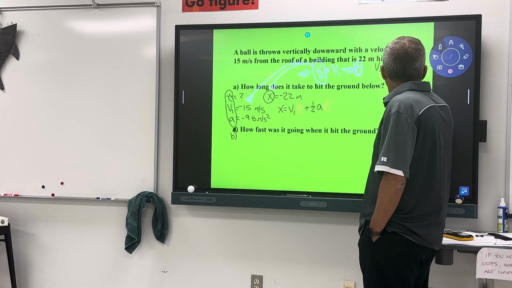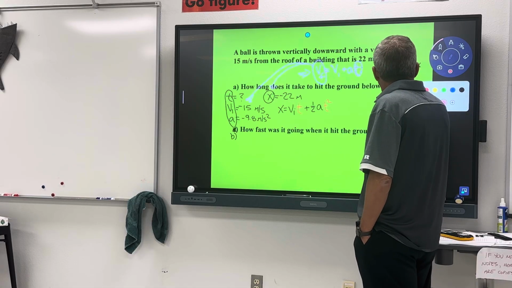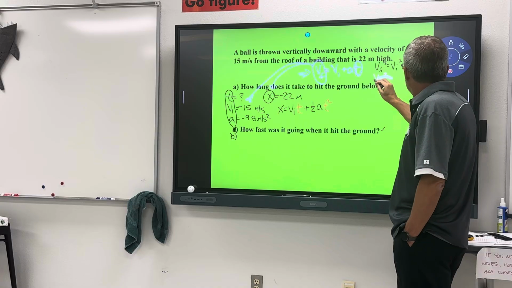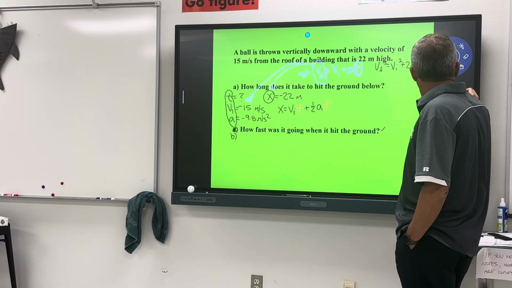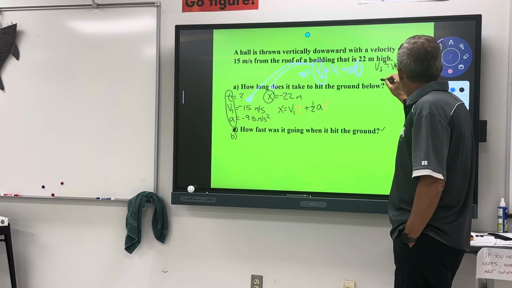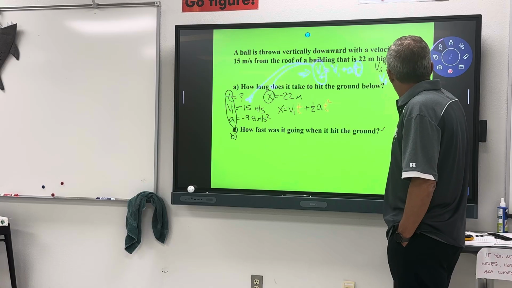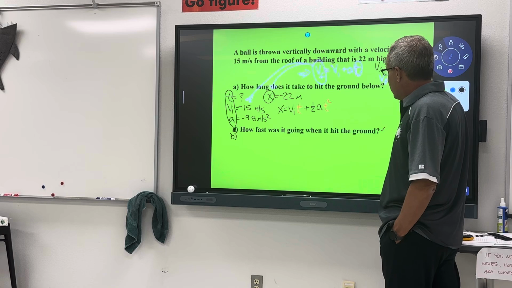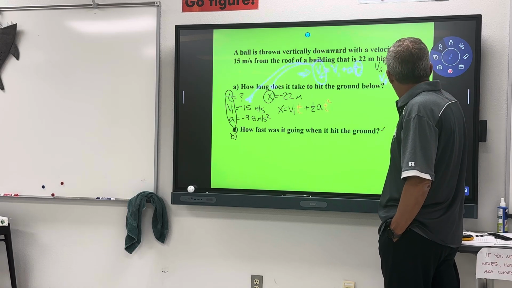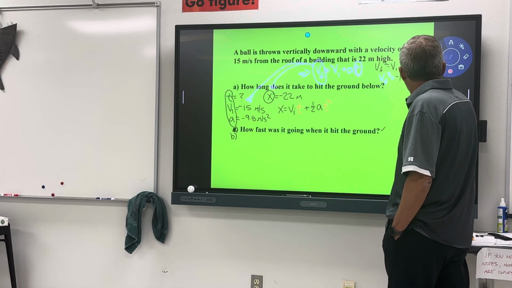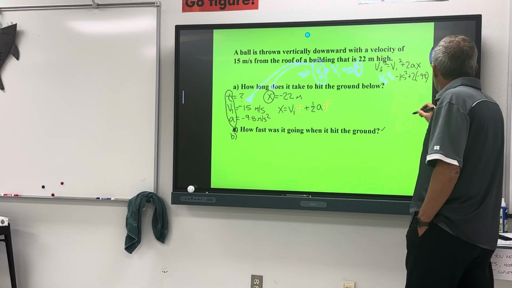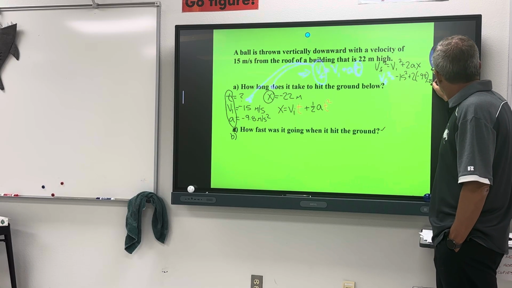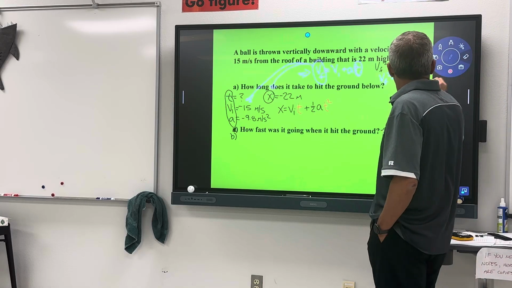So final velocity squared is going to equal initial velocity, which is going to be negative 15 squared, plus 2 times negative 9.8 times, I ran out of room here, times negative 22. All right, let's rewrite that. Sorry.